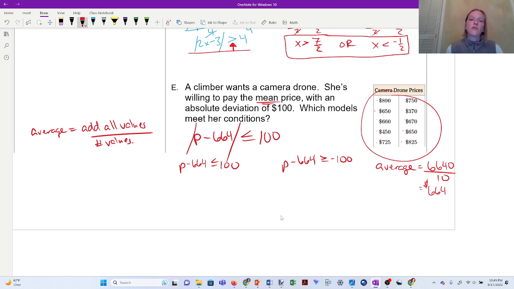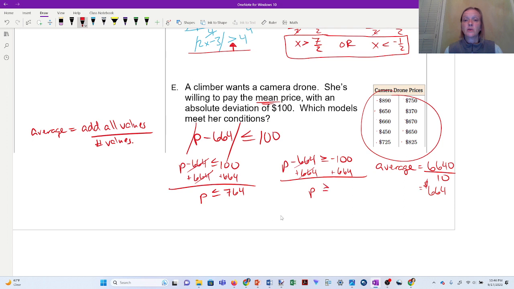Now, to solve the problem, I just need to solve these two inequalities by adding 664 to both sides. And I get that P, my price, has to be less than or equal to $764. And from the other inequality, if I add $664 to both sides, I get that P is greater than or equal to $564.